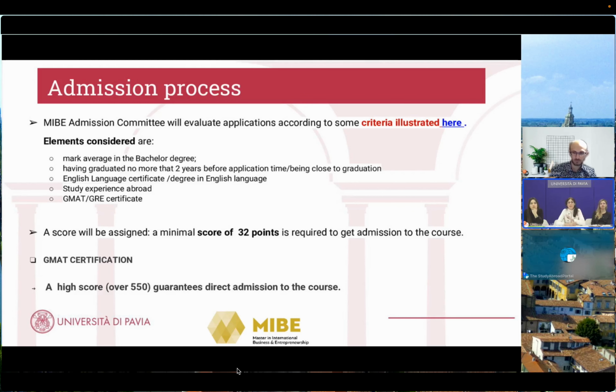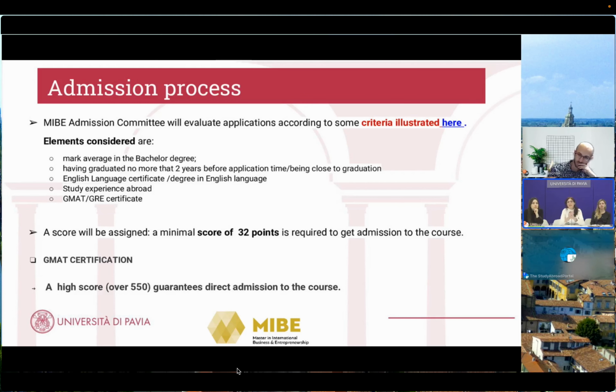Considering all these elements, for each element some points are given, and in order to reach the admission threshold, you need to score at least 32 points. With 32 points, there's a chance to be admitted. I can also add that there have been cases of students that were borderline, for example, 30 or 31 points.